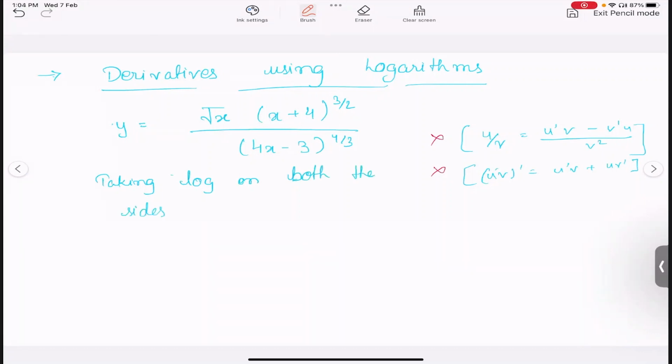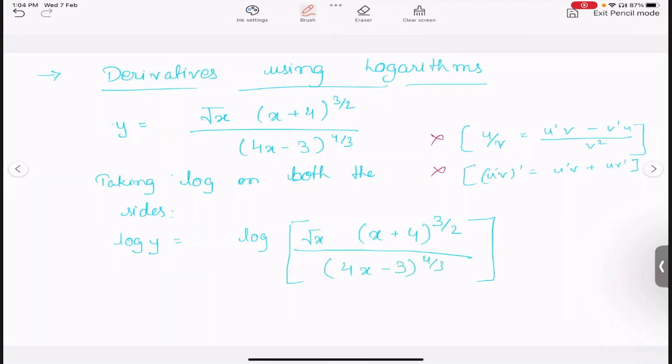Taking log on both the sides, we have log y will be equal to log of this whole thing: square root of x, times (x plus 4) to the power 3 by 2, by (4x minus 3) to the power 4 by 3. We already know the property of log: everything that is in multiplication can be written in the form of addition, and whatever is in the denominator will be negative.